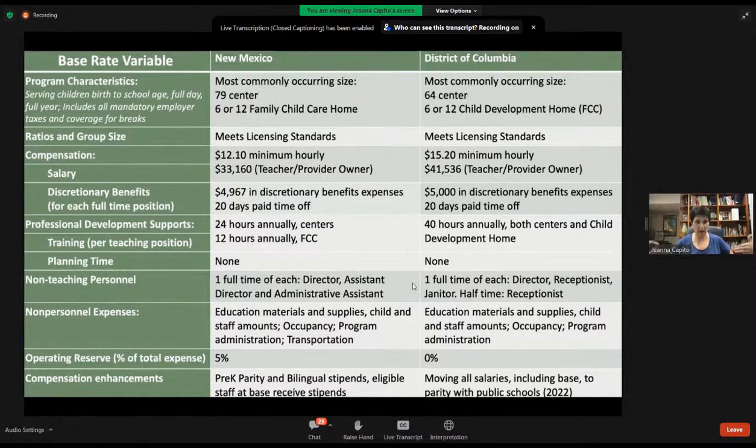And that is for every full-time position, which is how the model actually functions. So if you raise the number of children, you'll have more full-time positions in order to meet ratio and group size. So those are, again, things that are not just about that minimum requirement to meet licensing, but also about the values, those equity cost drivers, that we want to build in when we think about our programs and how they actually operate.